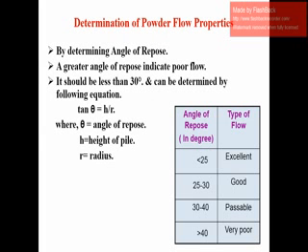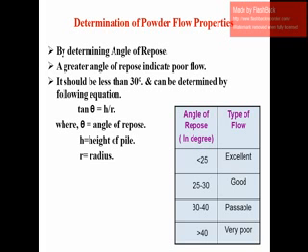Now, for the determination of the flow property, as all of you know, in your laboratory also we use the angle of repose. When we are determining the flow property, generally your angle of repose may lie less than 25, between 25 to 30 degrees, 30 to 40 degrees, or greater than 40 degrees.